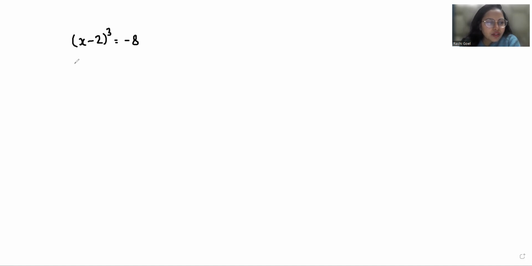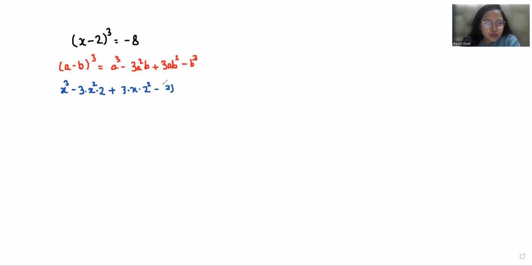I'm going to start with a very famous identity, that is (a minus b) whole cube, which is equals to a cube minus 3a square b plus 3ab square minus b cube. Now we can write this as x cube minus 3 times x square times 2 plus 3 times x times 2 square minus 2 cube is equals to negative 8.